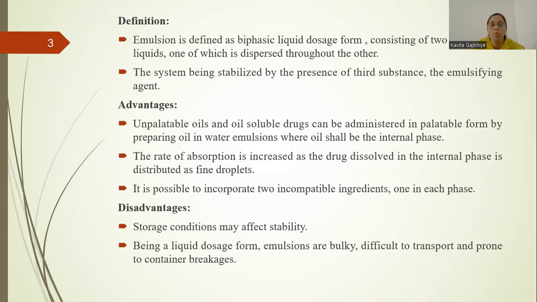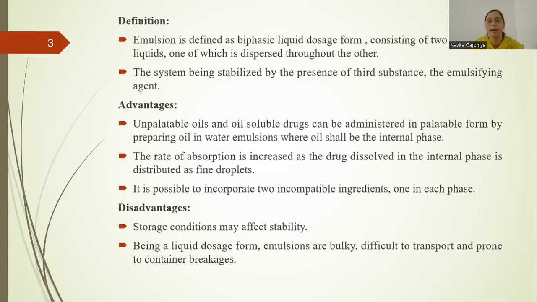So one liquid is dispersed in another liquid; that is, the dispersed phase is also a liquid and the dispersion medium is also a liquid. And very important, the system is stabilized by the presence of a third substance called the emulsifying agent.